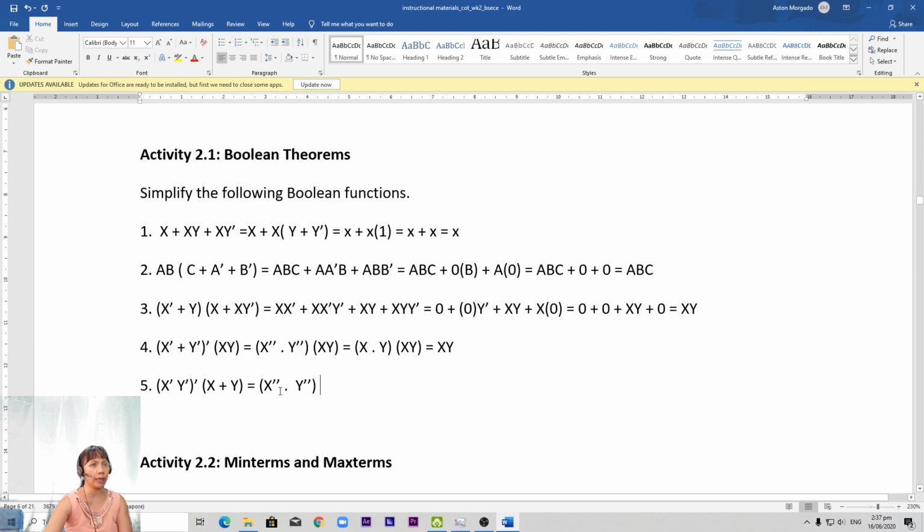So we have here x double prime times y double prime. If you have a case of double prime, negative negative is positive, so it's just equal to x, and y double prime is simply equal to y.